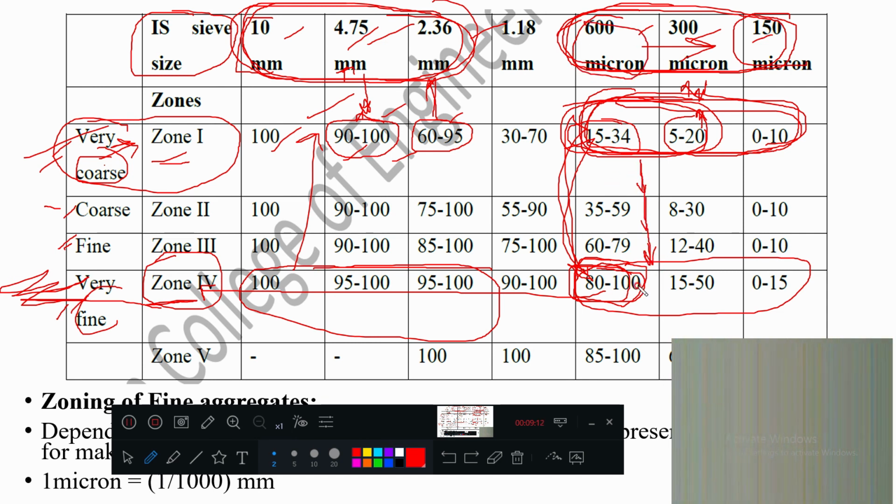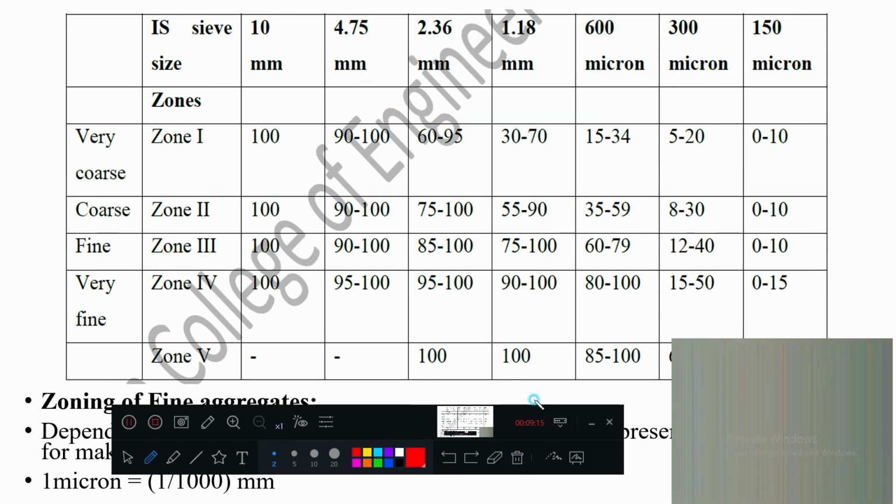Do you agree with these values? If you take 600 micron, the smaller particle compared to all these, here 15%, 35%, 60, 80 means as the zoning is increasing, the finer fraction is also increasing.